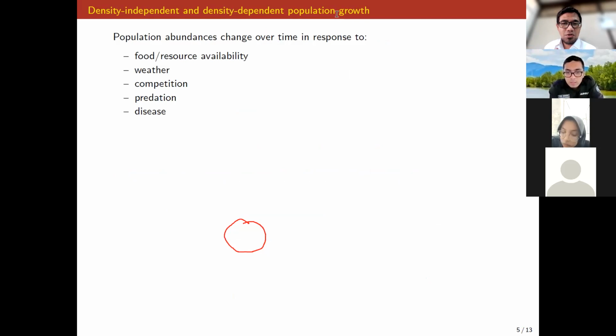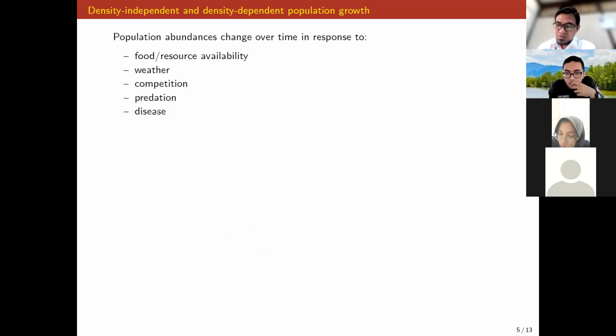Besides the four components that we have mentioned before, the number of births and deaths, immigrants and emigrants, we also have additional factors that can influence and change the population as well. For example, food or resource availability.